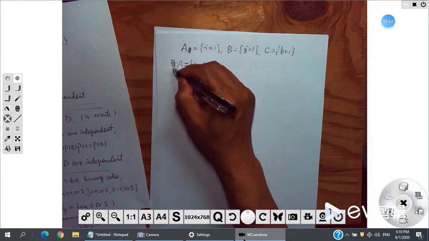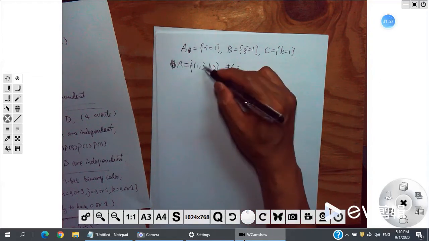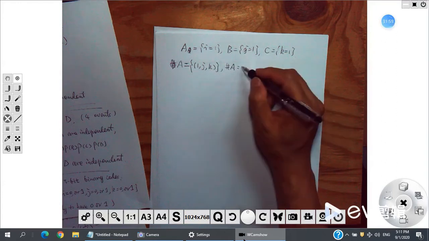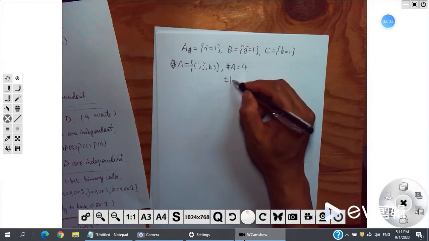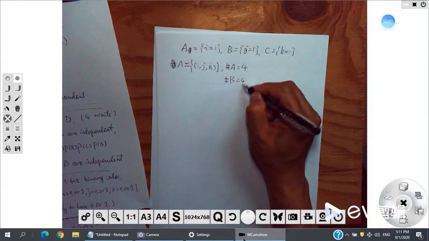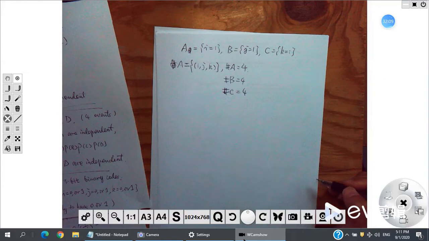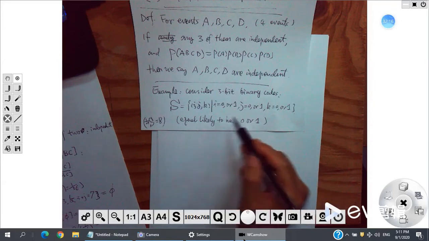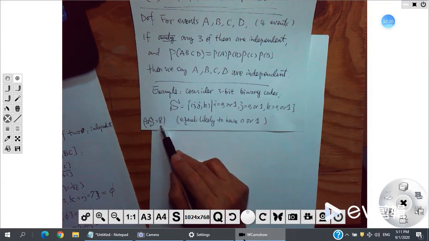So this is A, and the whole amount of these will be, this has 2 choices, this has 2 choices, so it will be 4 choices, right? 4. And similarly, B is also 4. C, the amount of C is also 4. And each element, because they are equally likely, will have probability 1 over 8, right? 1 over 8.